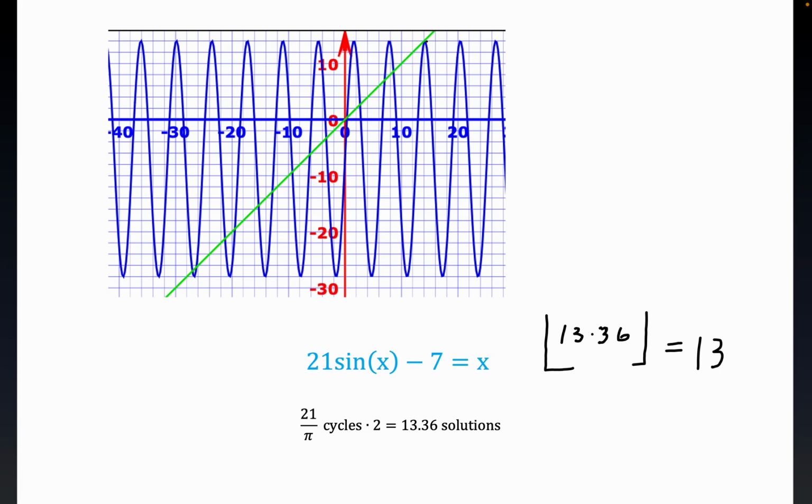It doesn't touch like it looks. It's hard to tell from here. You really can't tell. But anyway, there are 13 solutions. Let's count backwards. I always do that to check neurotically here. 1, 2, 3, 4, 5, 6, 7, 8, 9, 10, 11, 12, 13.